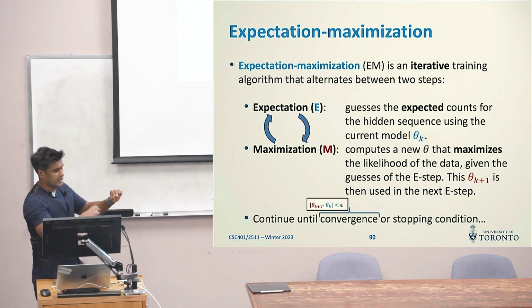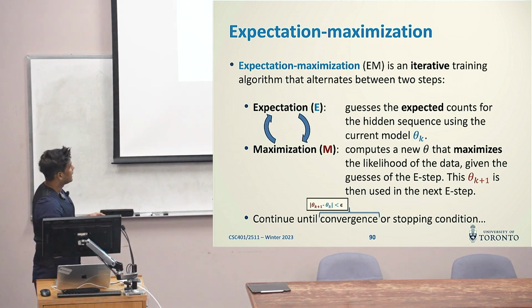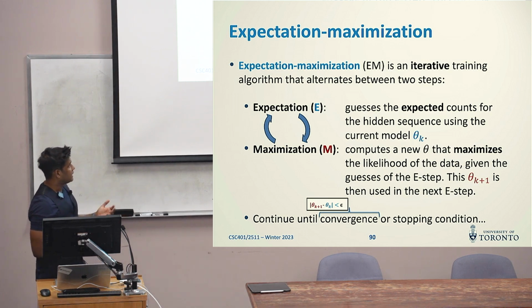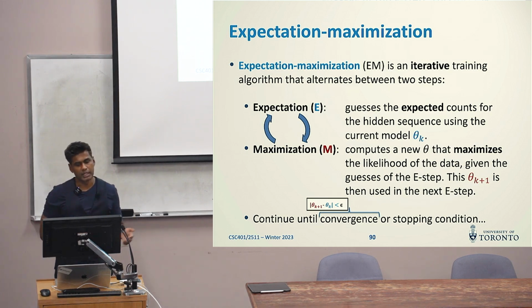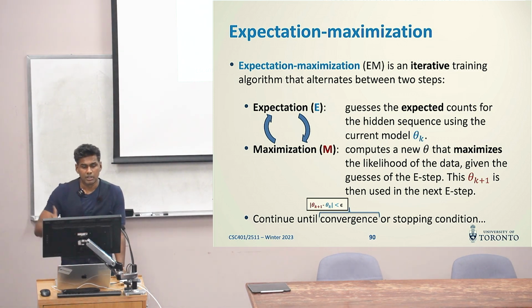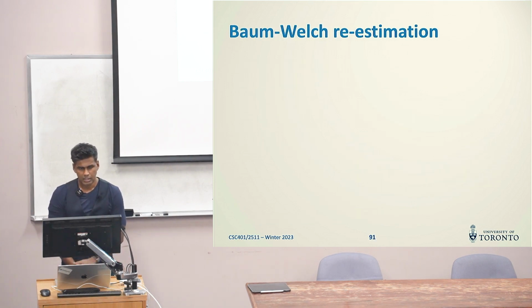If we observe that between our iterations the values of theta, or our parameters, are not changing much, it's almost remaining the same, then we say we have reached an end, and we call it a stop. But there could be other stopping criteria, where you can set the number of iterations beforehand.